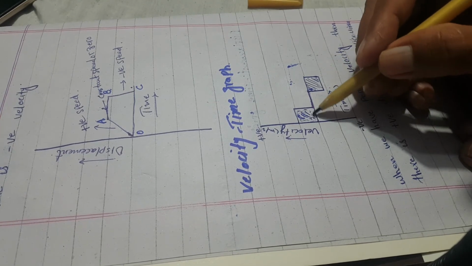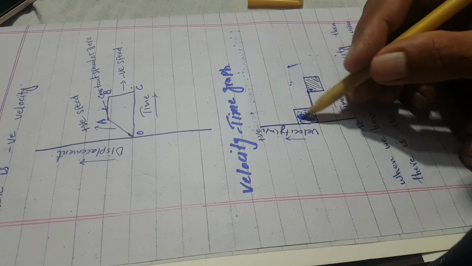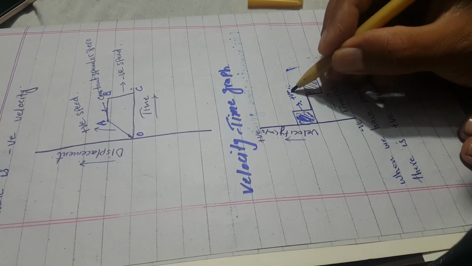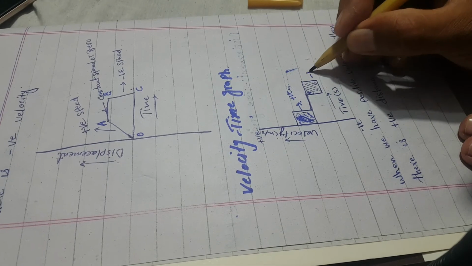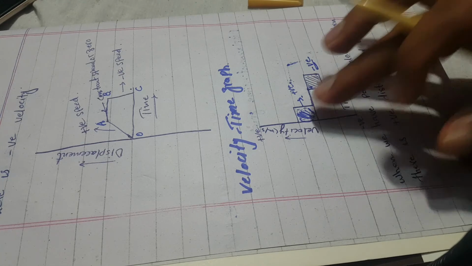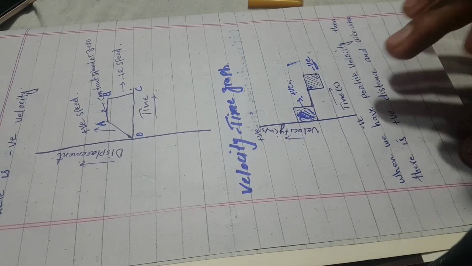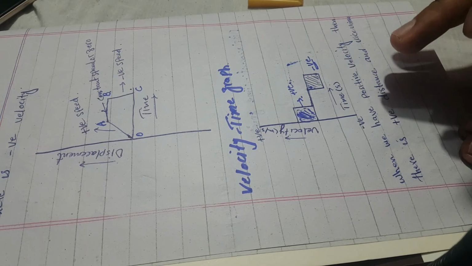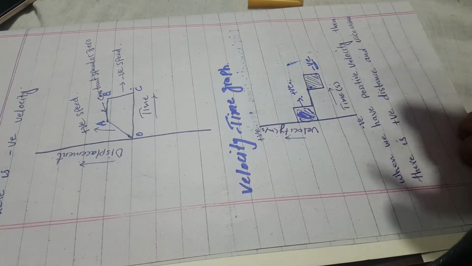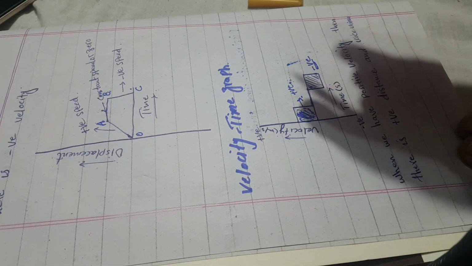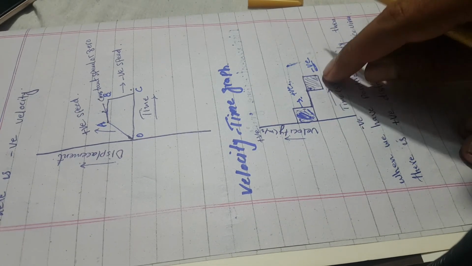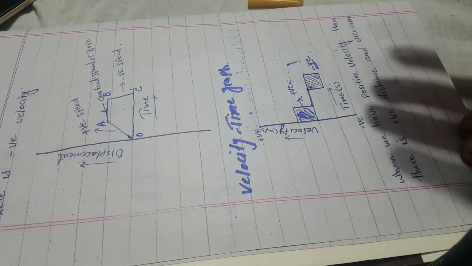So here the area under the curve is positive, and here the area under the curve is negative. So with positive velocity there is positive distance traveled, and with negative velocity we have negative distance traveled.